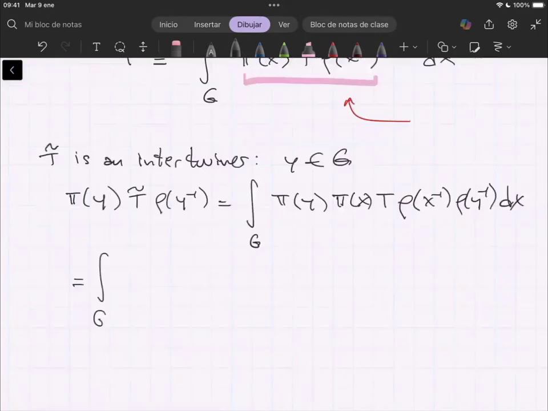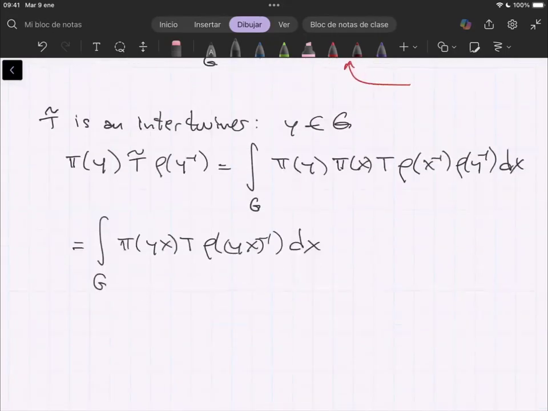And this is the integral of pi of yx T rho of yx minus 1 differential x. And what we saw about the Haar measure is that it is invariant with respect to translations.